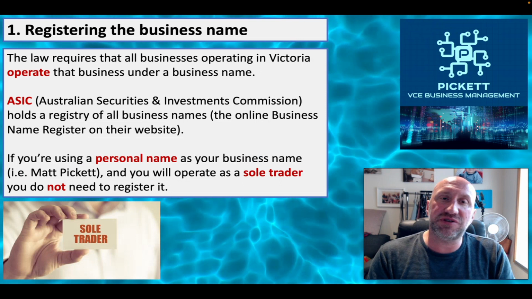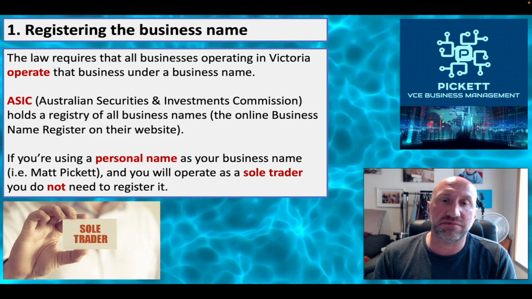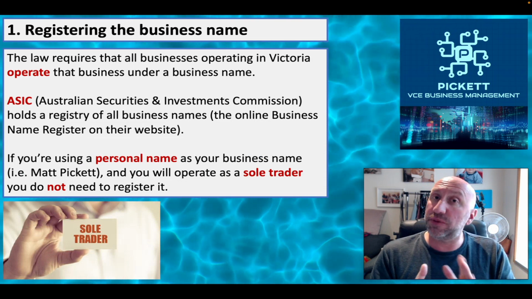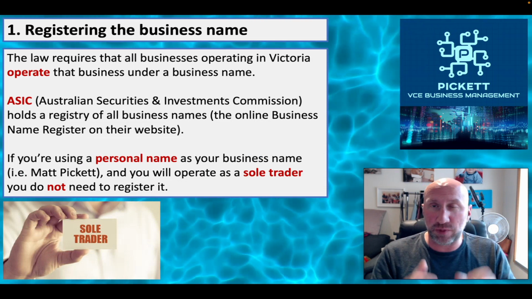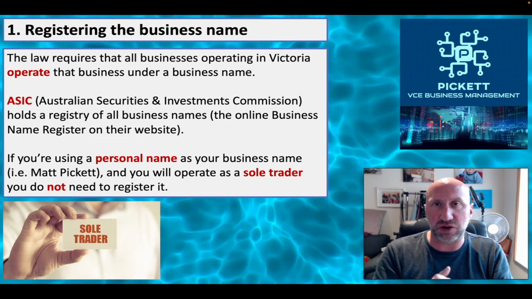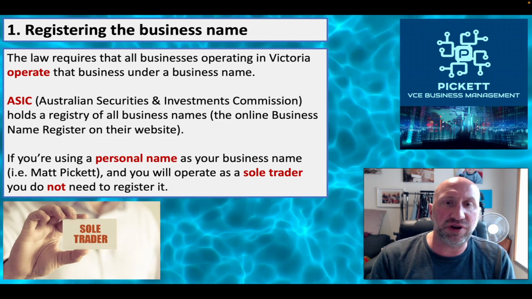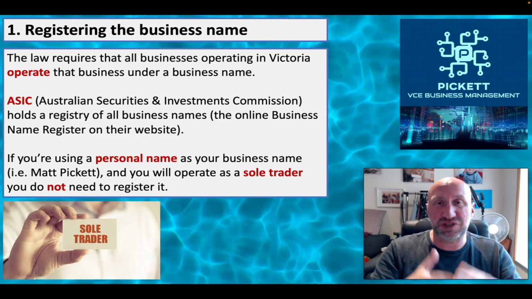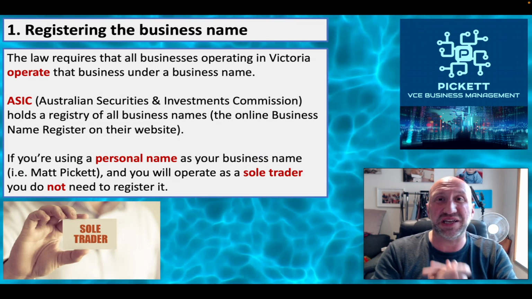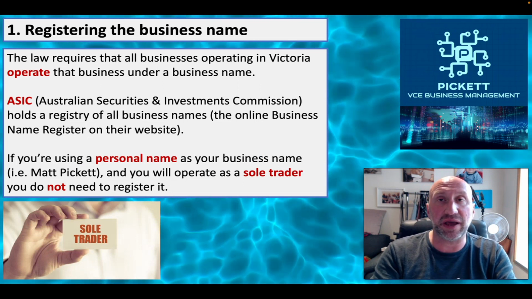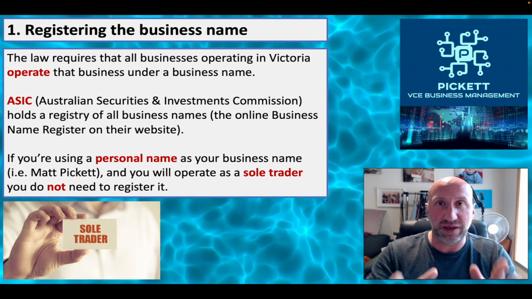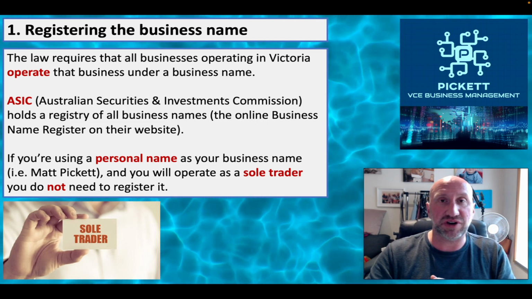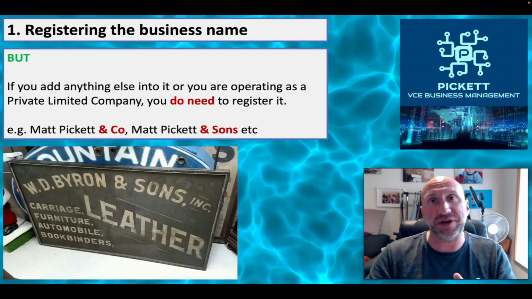Now, if you are using a personal name as your business name, so just my name, Matt Piggott, and you're going to be operating as a sole trader, remember the different types of legal business structure in Unit 1, then you do not actually need to register the name. You'll still use that name, but you don't actually need to legally register it. Okay, so if you're a sole trader and you're only using your name, don't need to register it. So important to bear that in mind.